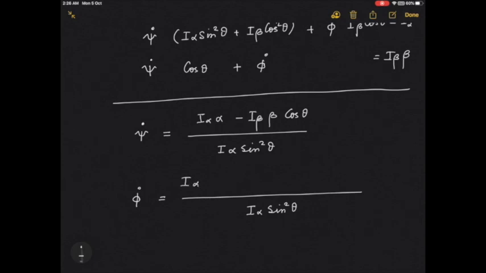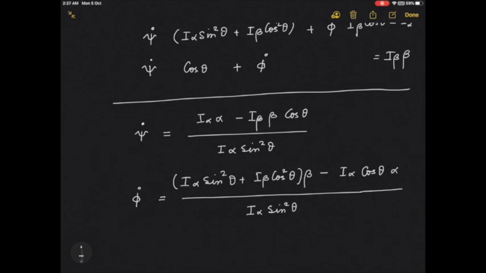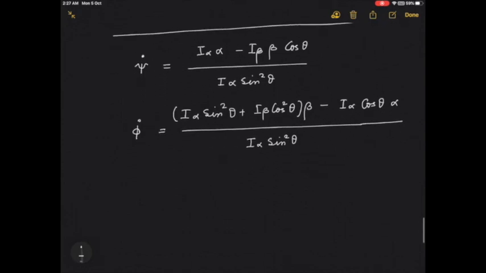Here I have times beta minus I alpha cos theta times alpha. So this is psi dot and phi dot.